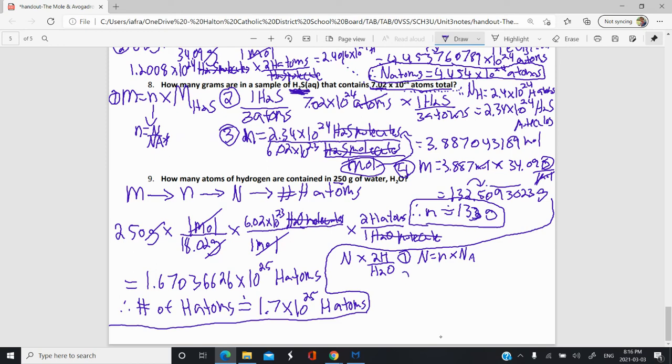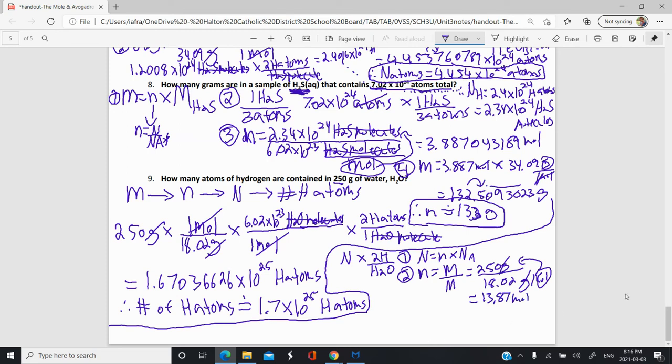To find that, my number of moles is equal to my mass over my molar mass, which is equal to 250 grams divided by 18.02 grams per mole. Cross grams out, moles at the bottom twice, so it comes to the top. And so we would do 250 divided by 18.02. We would get 13.87, and so on and so forth, moles.